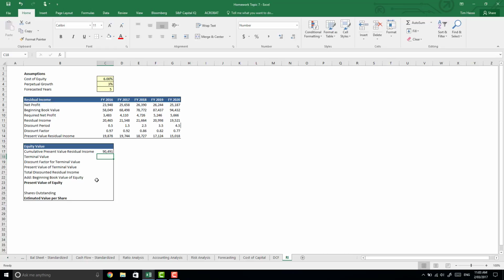The terminal value, on the other hand, is going to be equal to what we believe is going to be happening in the future. So similarly as how we did it for the discounted cash flow model, we're looking at what is the terminal, or in 2021, residual income. Well, we haven't forecasted it, but we do have the perpetual growth.